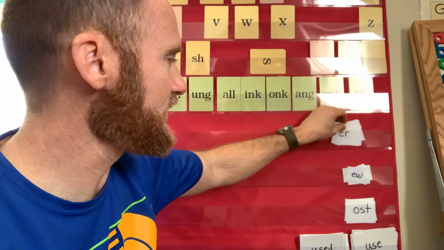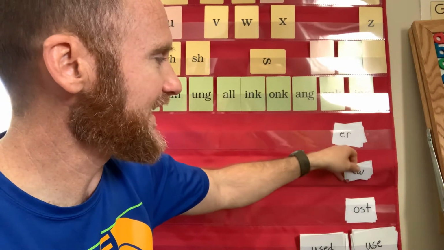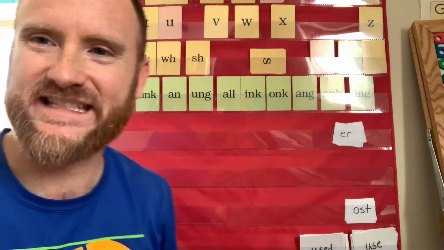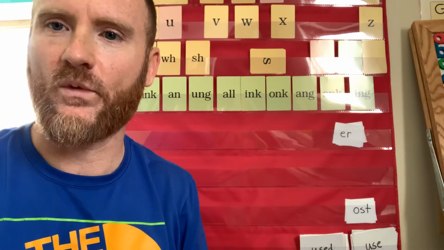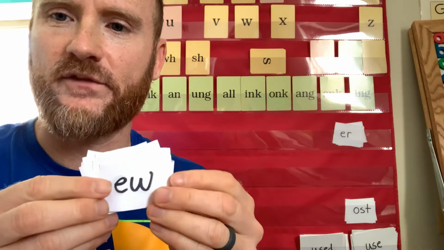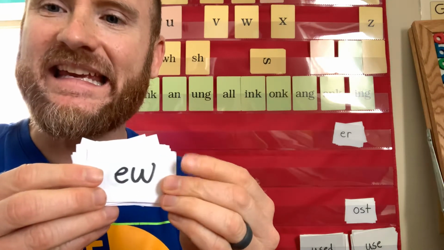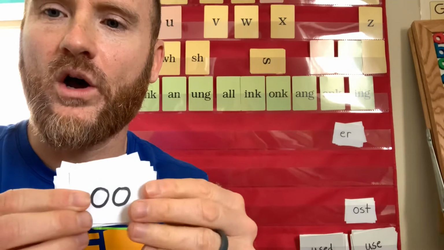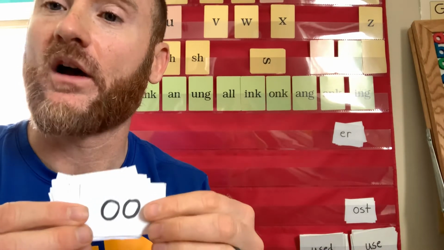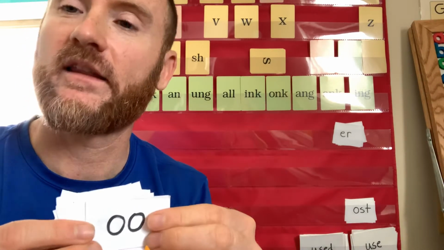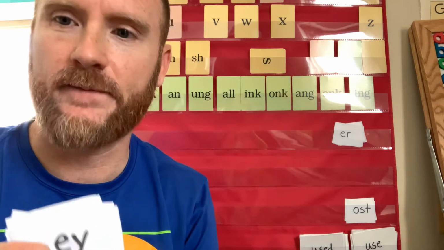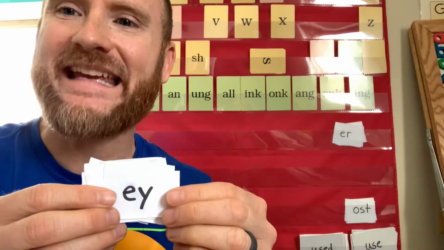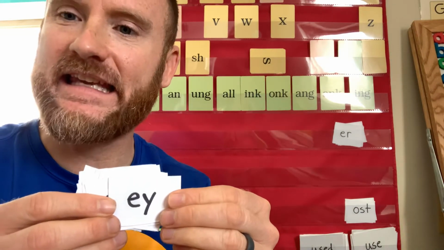Okay, let's do vowel teams. Remember, with a lot of these, it's going to say the name of the first vowel, but not always. We're going to talk about a few that don't, like this one. EW, oo. OO, oo. OO, like in look. EY, like in key.